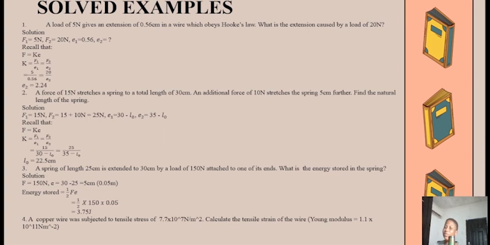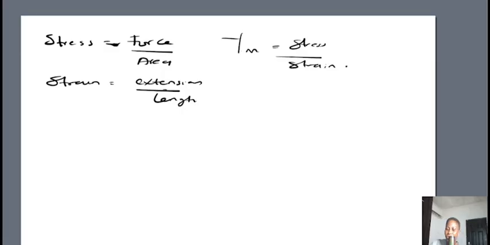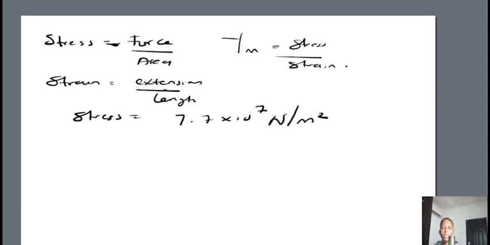So from the formula, let's write out all what we were given one by one. So we have our stress to be 7.7 times 10 raised power 7. Don't forget our unit, which is Newton per meter square. Then what else were we given? We should be given our Young modulus.